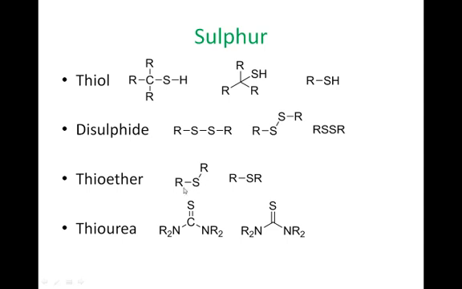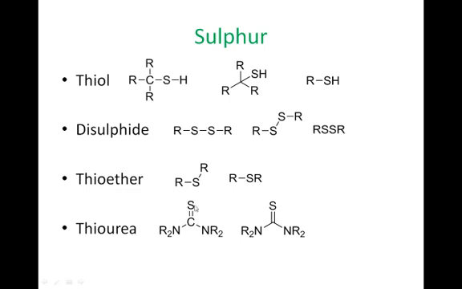Thioethers, again, these are like ethers, except with sulphur. So notice thiol, thi, indicates it's sulphur. So this is an alcohol, except with sulphur, thiol. And this is an ether, except with the sulphur, so it's thioether.